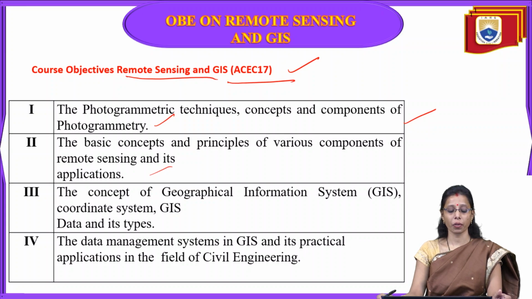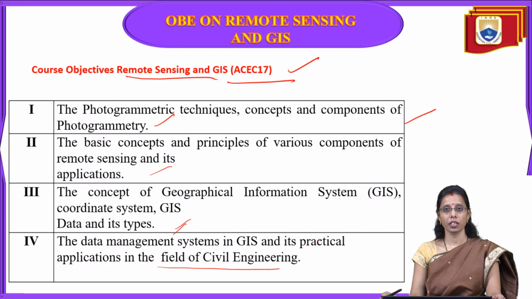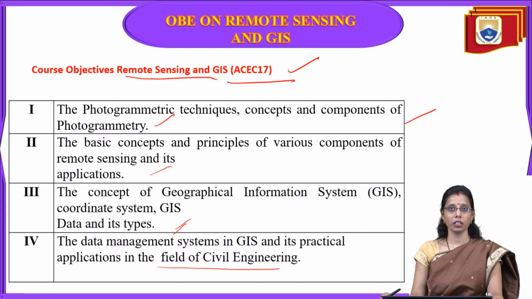Next, the concepts of geographical information system, the coordinate system, GIS data and its types, and database management system in GIS and its practical applications in the field of civil engineering.